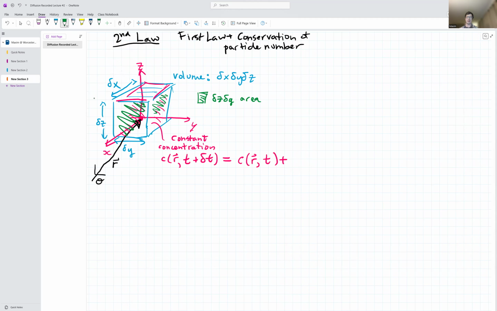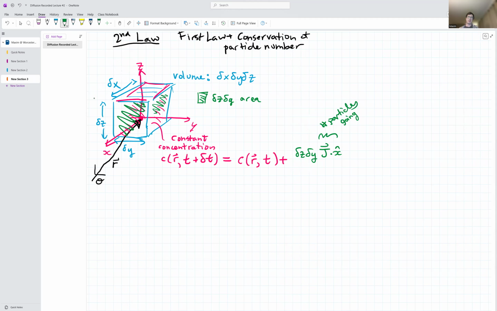And so we take that area, delta z, delta y, and we look at the flux through that area. So we have to take the flux, J, the diffusive flux, and dot it into the x hat direction. This is going to give us the number of particles going... well, we have to be careful here.